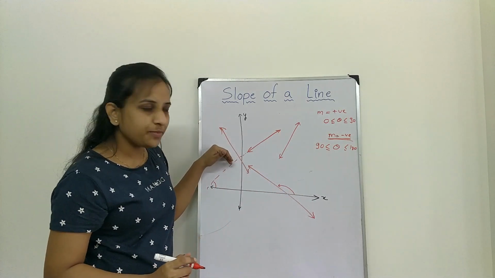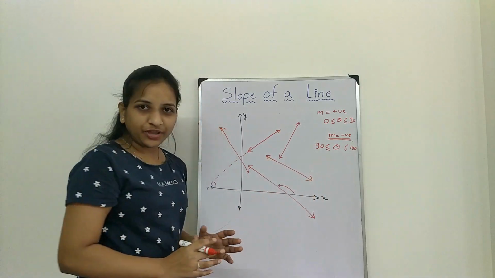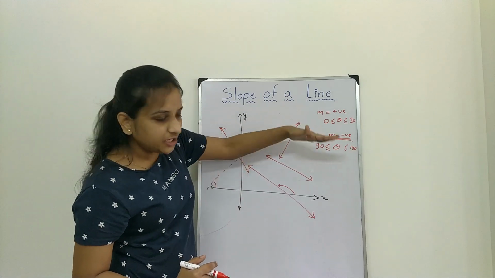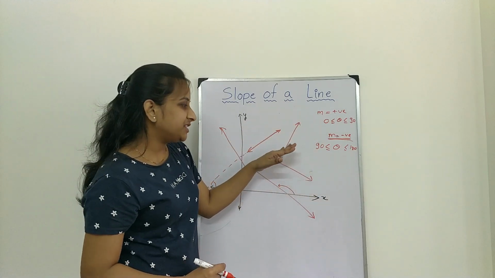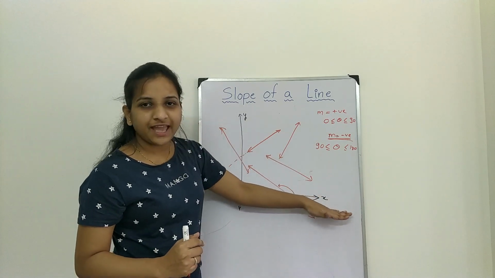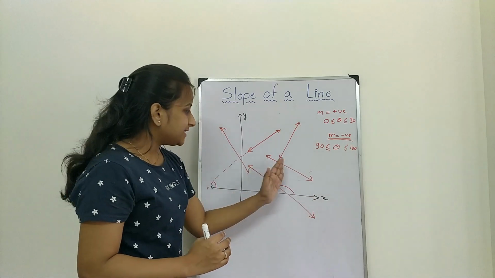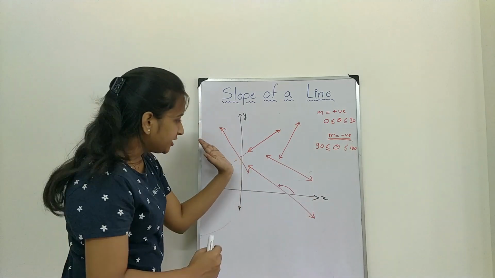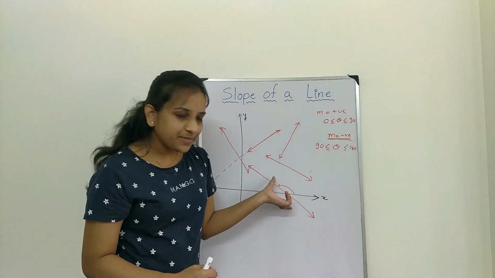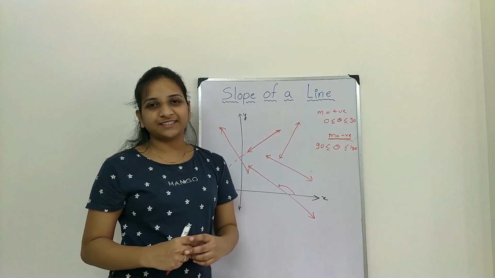This line is also making an obtuse angle. Okay, so positive slope means the line is inclined towards the x-axis, making less than a 90 degree angle with the x-axis. Negative slope means this line is inclined towards the negative x-axis, making an obtuse angle with the positive x-axis.